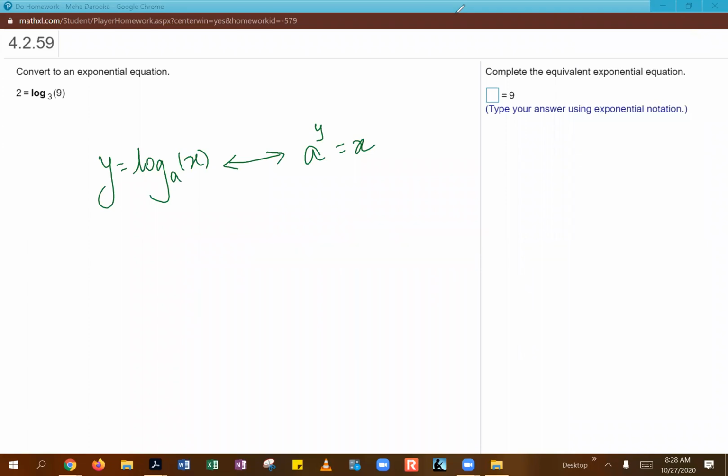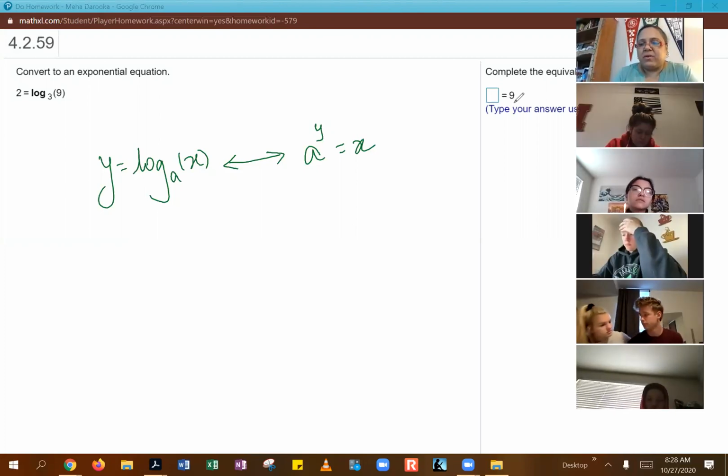And give me the entire equation. For now, ignore the fact that they're giving you equal to 9, because you should be able to convert this from logarithm to the exponential notation, because in every example, they're not going to give you part of the equation. So make sure you're able to do that without any help. So what do you think this will look like in the exponential equation form?